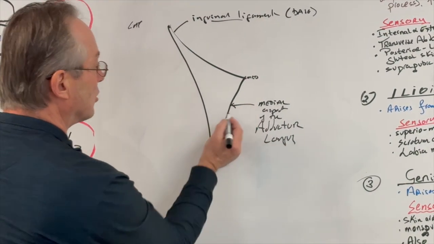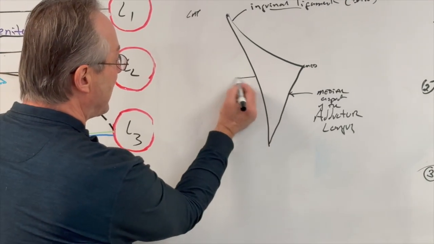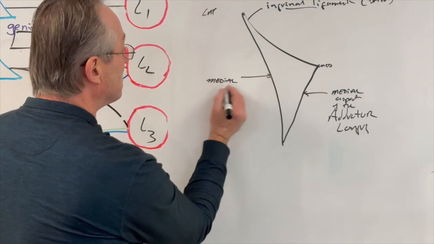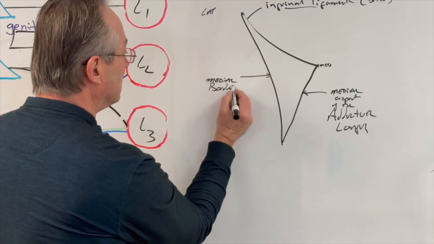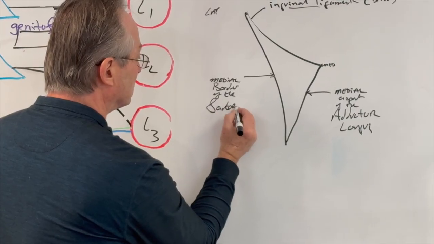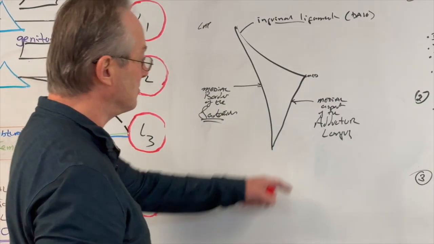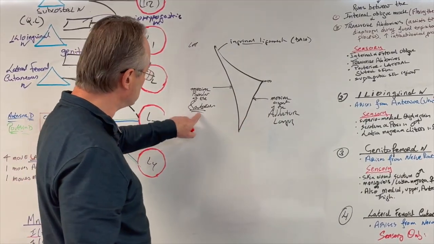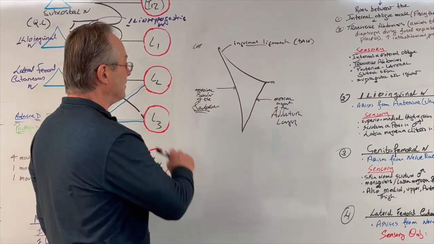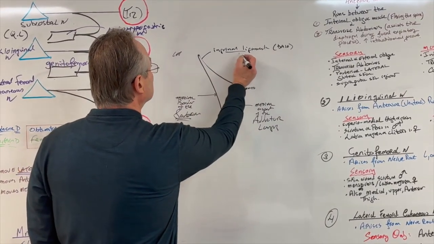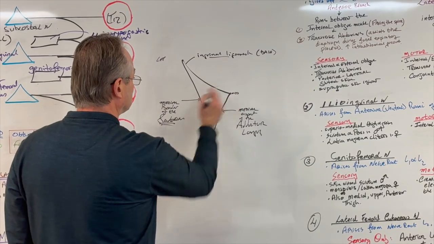The lateral border is actually the medial border of the sartorius. And if you recall, we talked about the adductor longus. He's innervated by the obturator nerve and the sartorius muscle by the femoral nerve. So those are your borders, your inguinal ligament or the base on top.